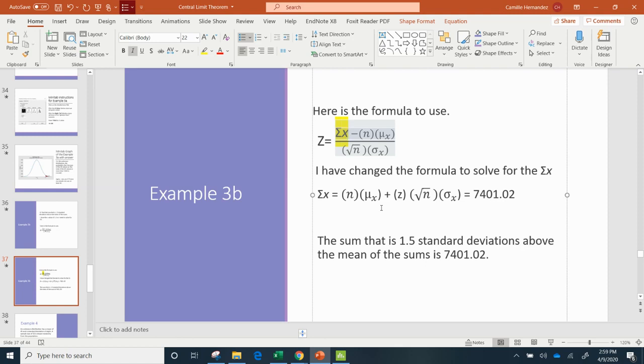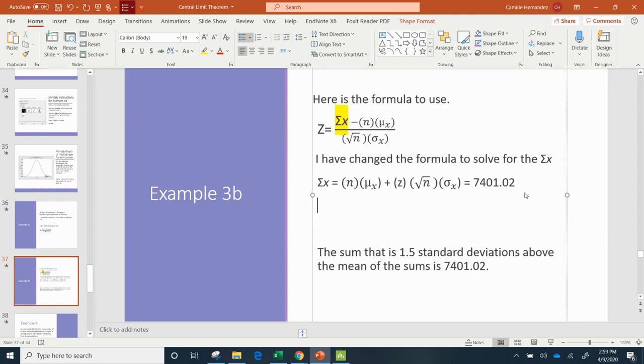If you don't want to have to remember the algebra to do that, just know this formula. To get that, I'm doing n times the mean that I was given, sample size times mean, plus the z times the square root of n times the standard deviation.